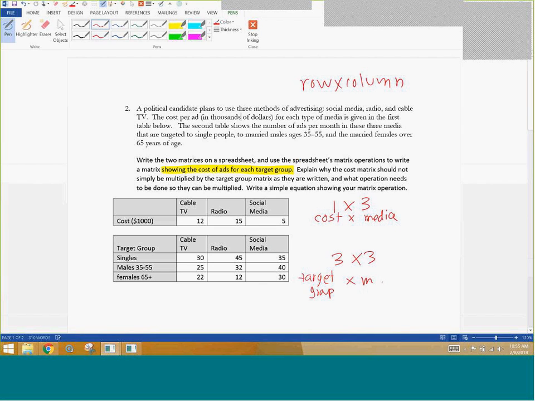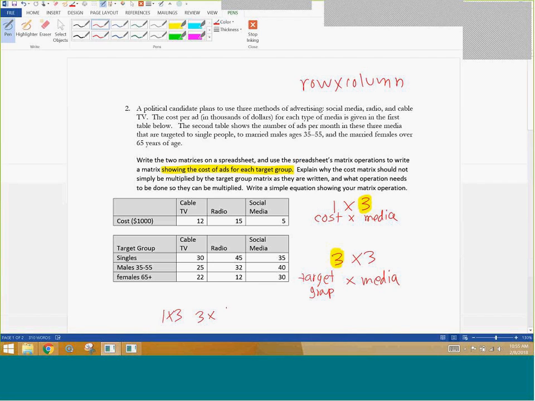When multiplying matrices, the sizes have to match up. Not that they have to be the same size, but the number of columns of the first matrix needs to equal the number of rows of the second. If I multiplied them as they were here, I would have 1 by 3 times 3 by 3.